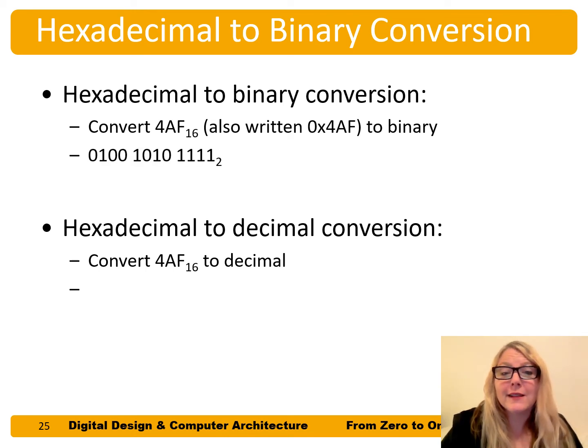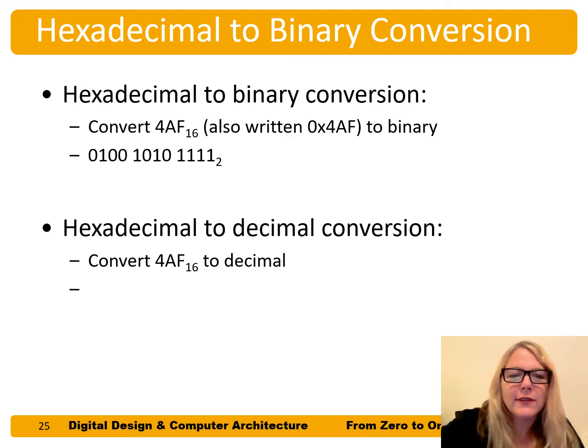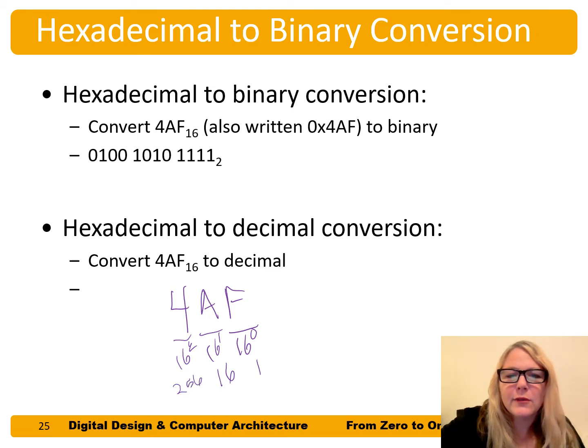Now we want to convert from hexadecimal to decimal. So for 4AF, we have a weight of 16 to the 0, 16 to the 1, and 16 to the 2, or the ones place, the 16s place, and the 256s place. So we get 4 times 16 to the 2, or 256, plus A times 16 to the 1, plus F times 16 to the 0.